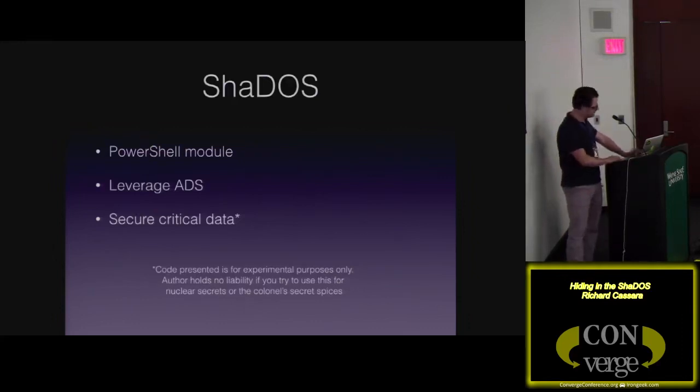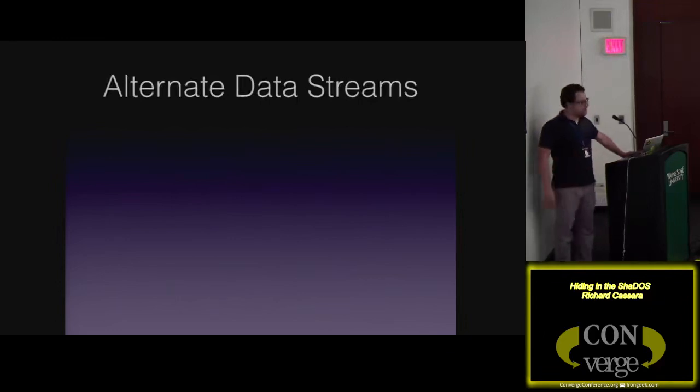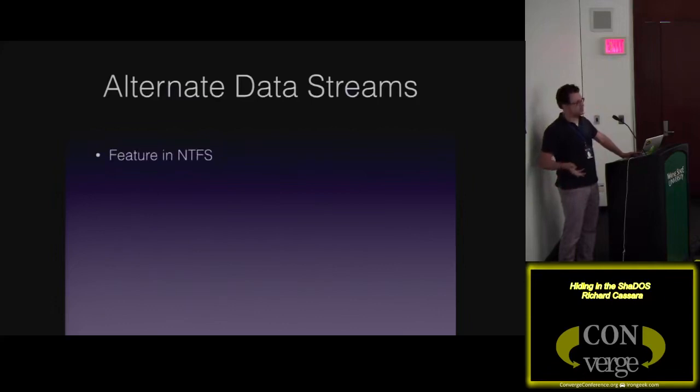So for anyone who's not familiar, alternate data streams in NTFS is a feature that Microsoft originally put in for compatibility with the Macintosh HFS file system, which has separate resource forks and data forks. So you can have a file, and then you can have a stream that's associated with that file.